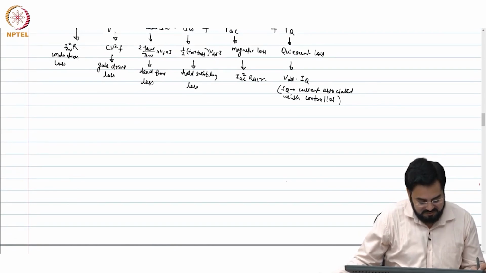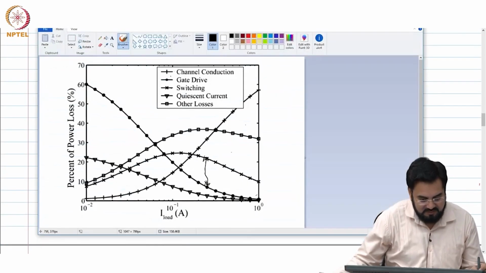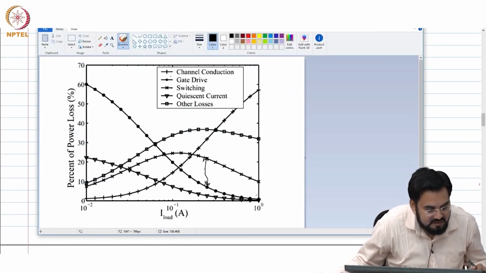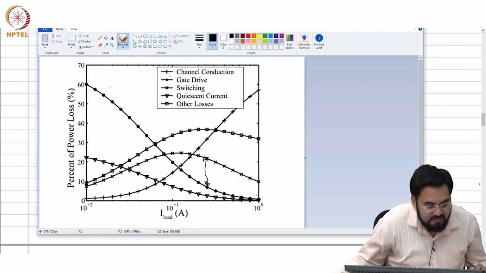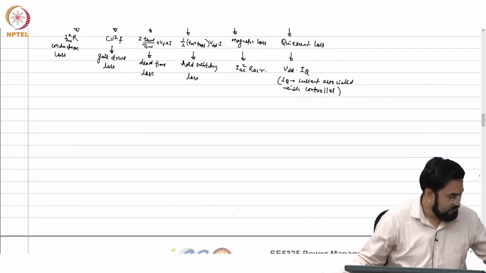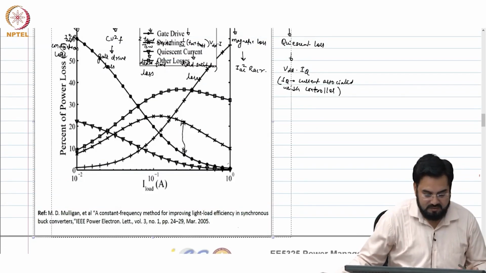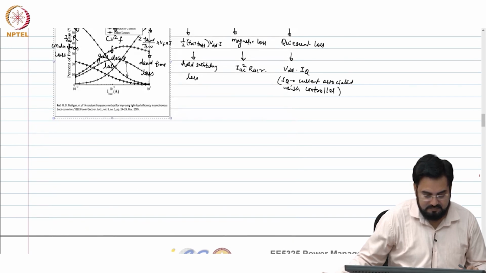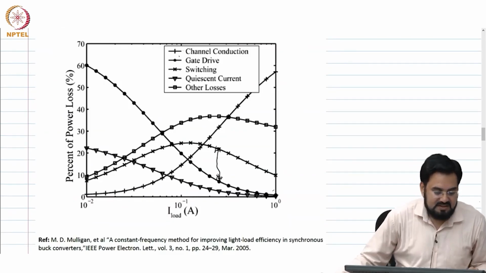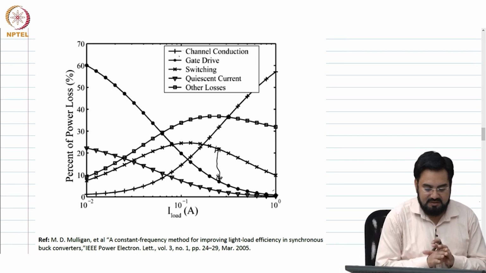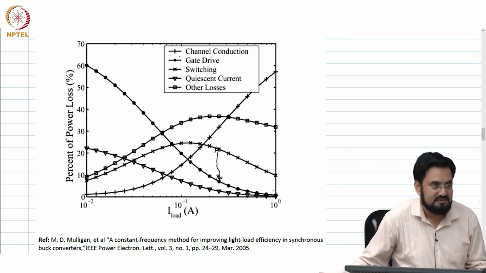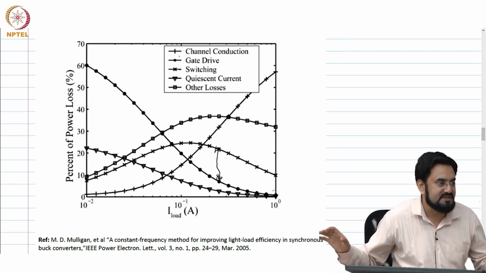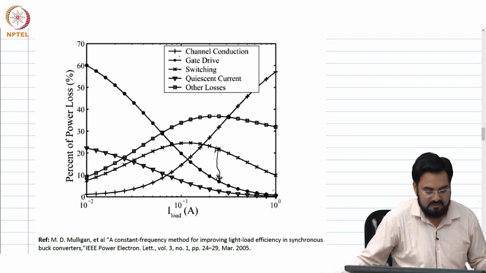Okay. Now it is time to look at this graph. This is a normalized loss. Normalized means you consider your total loss as 100%.